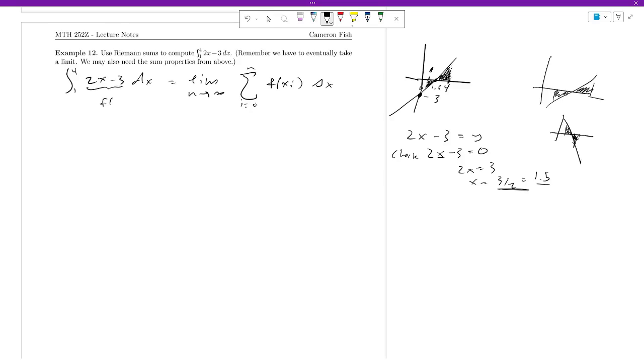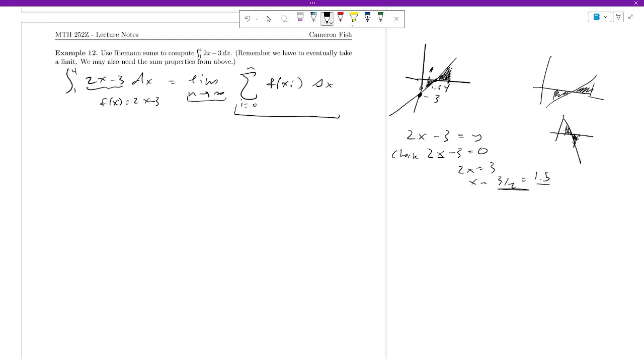So I'll say f of x is 2x minus 3. The way this is going to work is we're going to think about this Riemann sum, the sum here, just like we did last lecture. We'll work on that for a bit first, and then at the end we're going to take a limit. And we'll remember some limit rules from Calc 1.